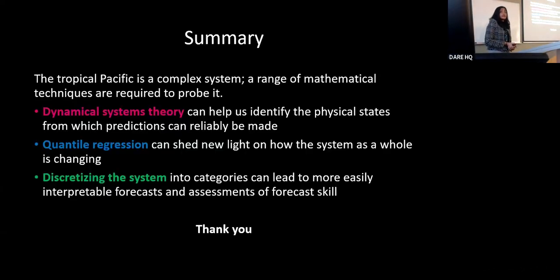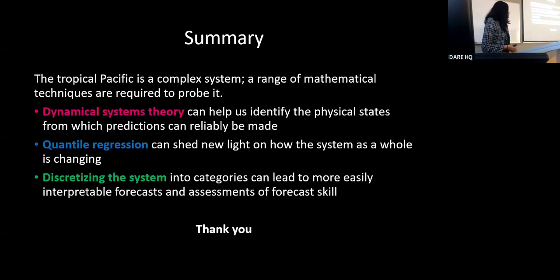So to summarize, we have looked at 3 different ways of looking at the ENSO tropical Pacific system. The first one was looking really from the physics and the dynamical system angle, where we reconstructed the attractor of the continuous PDEs of the system. We also looked at a very data science kind of Bayesian quantile regression, where we just took the data in and didn't really bring extra physical knowledge to it.